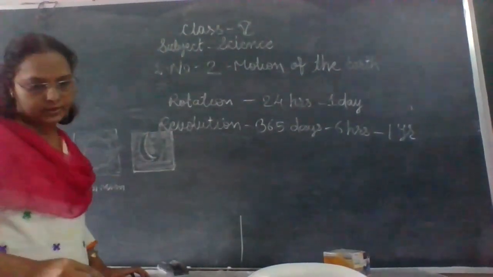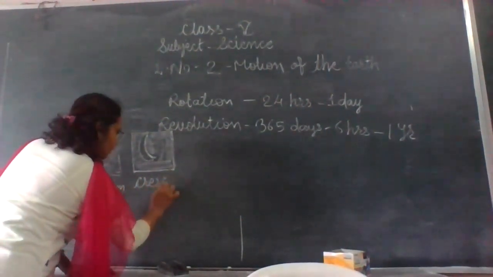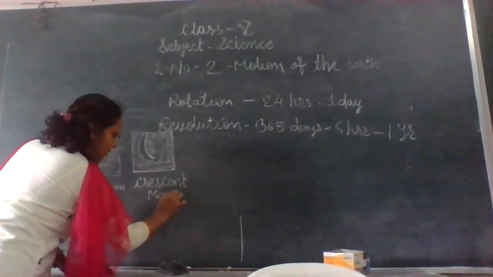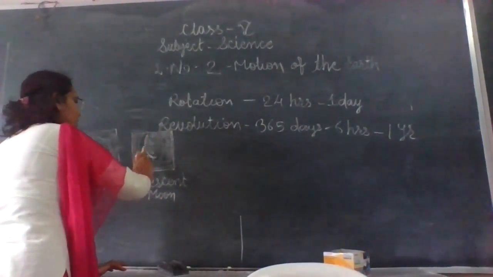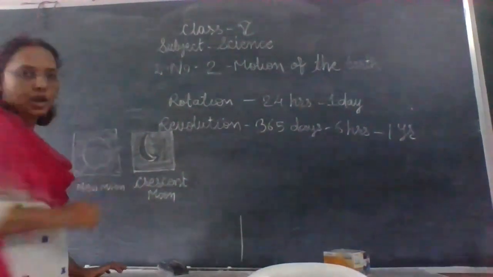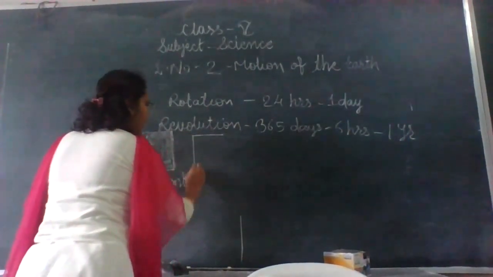So this phase is the crescent moon. Only this much portion is in the lighted portion, less than half.